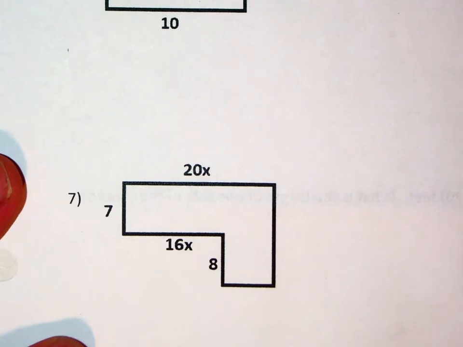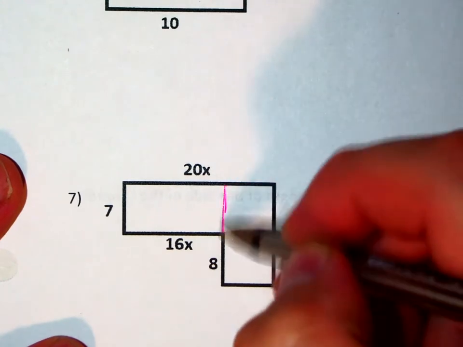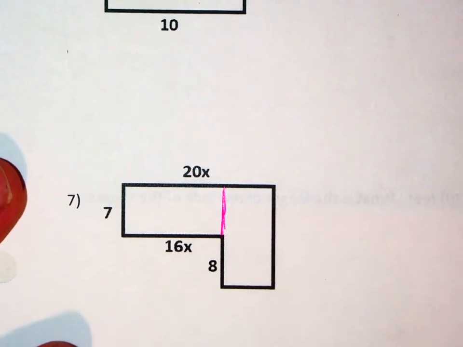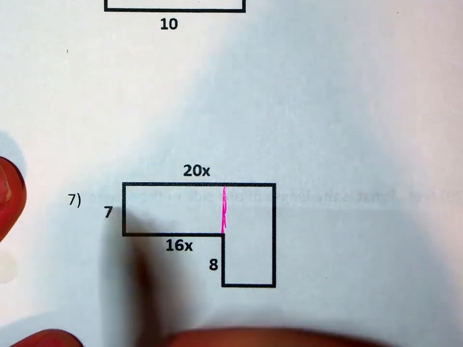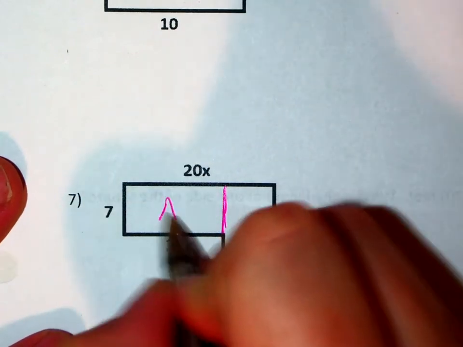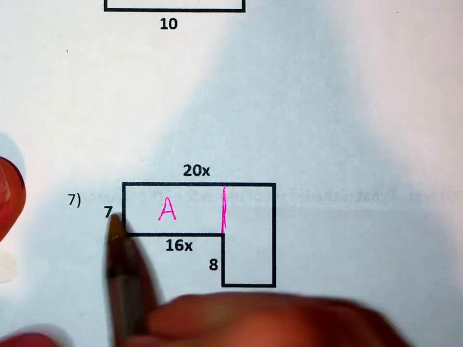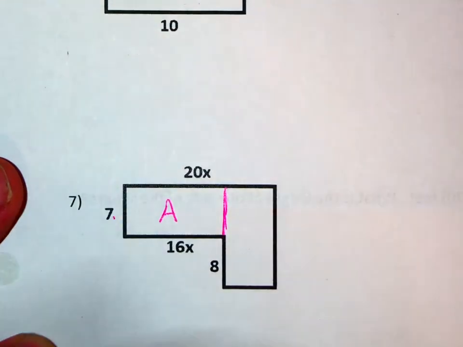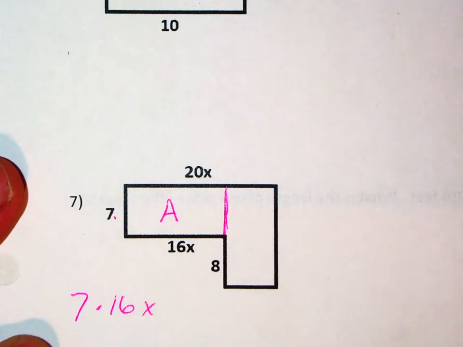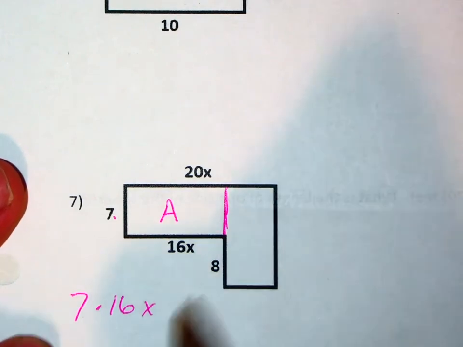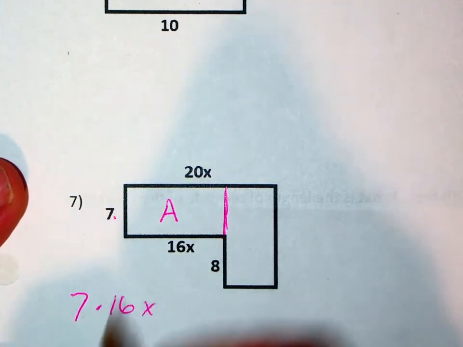And so I'm going to go ahead and cut this box this way so that I can say the area of this box that I will label A is length times width, so 7 times 16x. And we can determine that 7 times 16 is 112x.